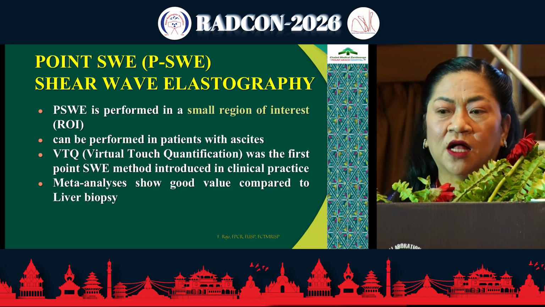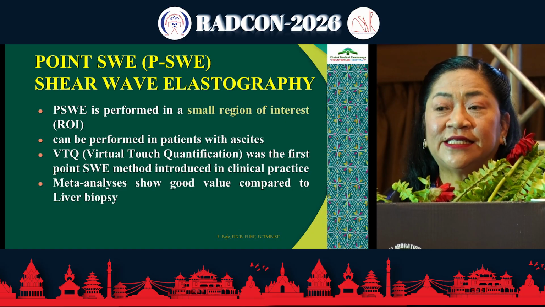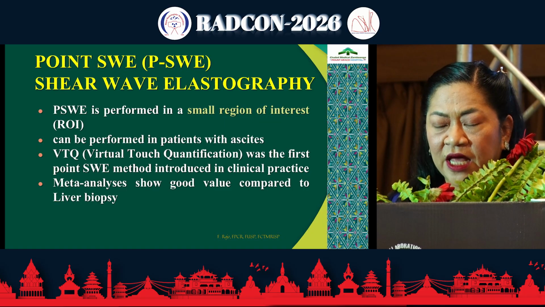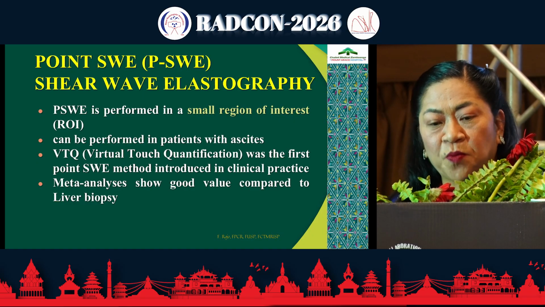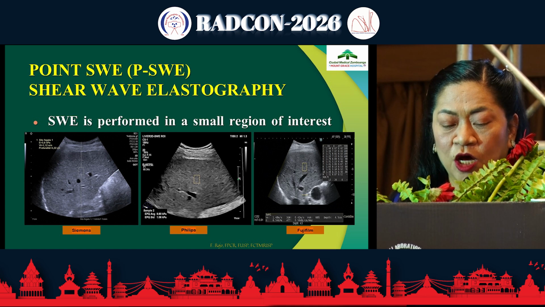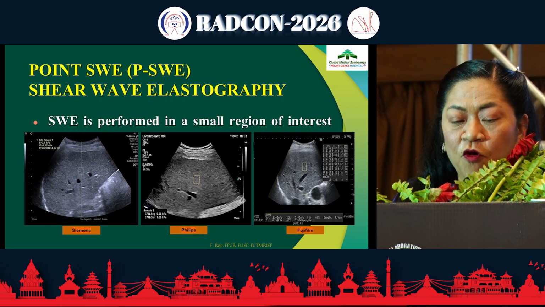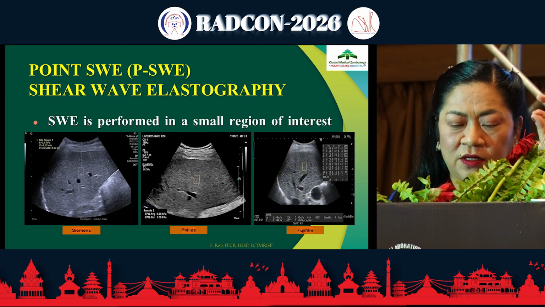And because we use ultrasound, we can actually see the area that we are interested in. So when I'm looking at this area, I'm going to measure this area. Supposedly, it should have fewer problems. That's the area, for example, that little square for the point shear wave. And in that little square, we have one number.